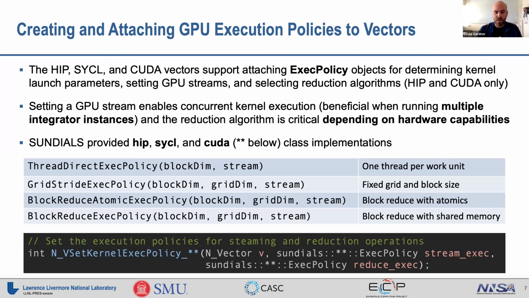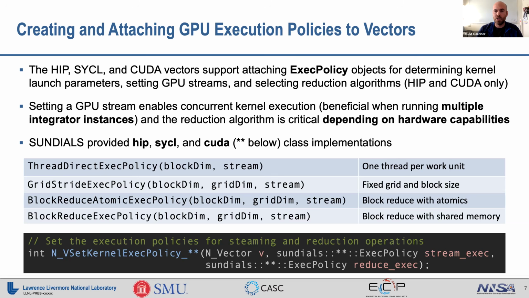And so we have native execution policies provided for HIP, SYCL, and CUDA. There are two streaming operation policies. These are thread direct and grid stride policies. So whether you divide up the work with one unit of work per thread, or whether the thread has multiple units of work that it needs to handle. And then similarly, there are two reduction policies.